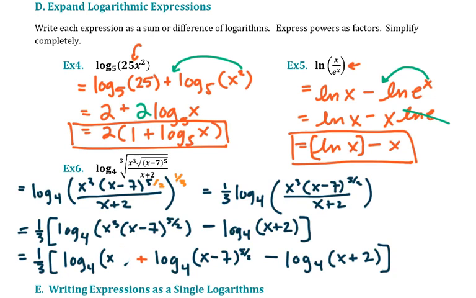But this x cubed is now going to become 3 log base 4 of x. And my log base 4 of x minus 7, that 5/2 is going to go in front here.